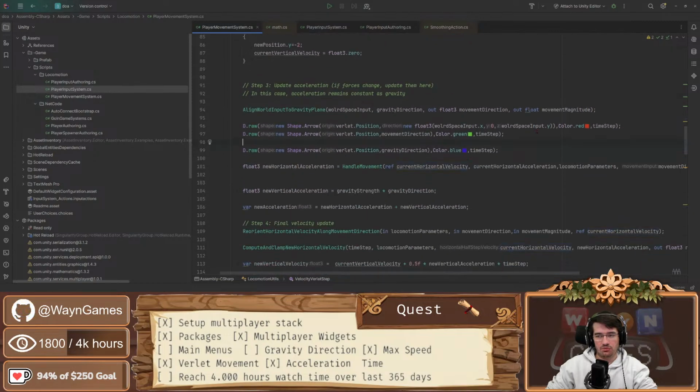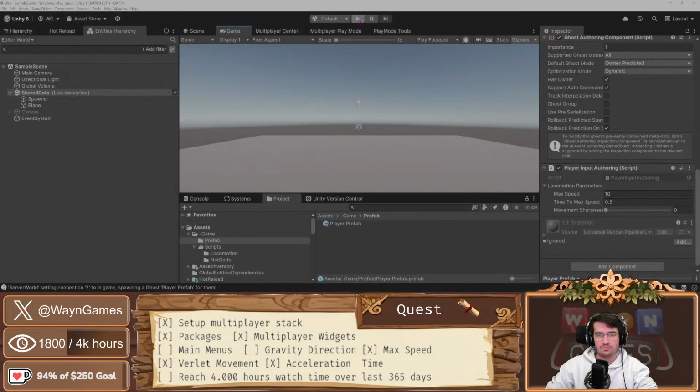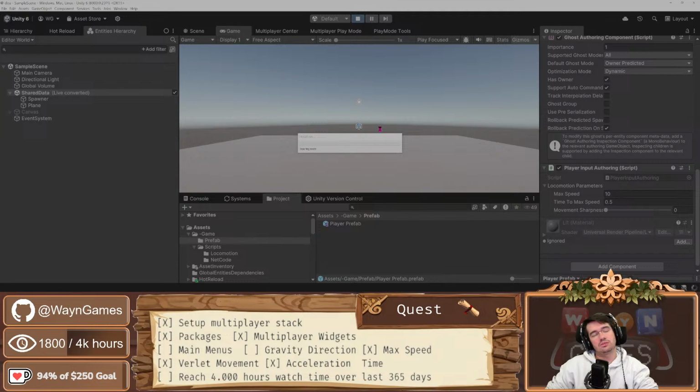If I wanted to do it, I would do that. Okay, now that should give me the gravity, the position, the velocity and the direction.